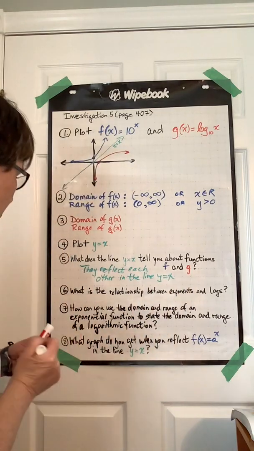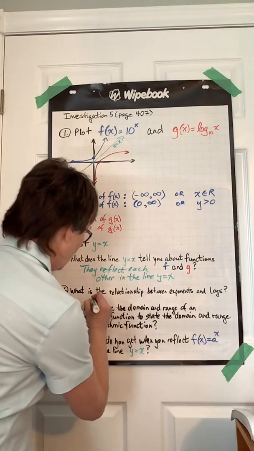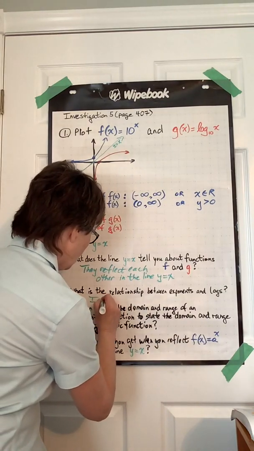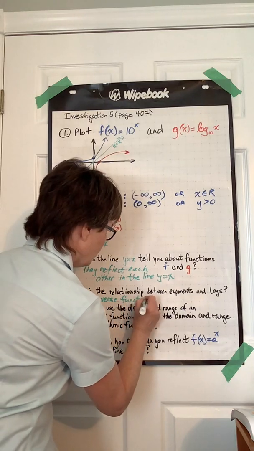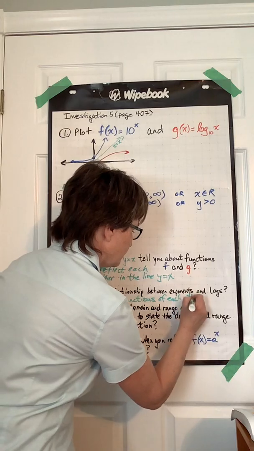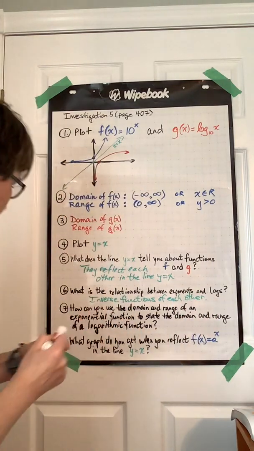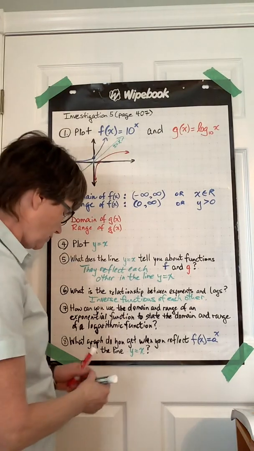Okay, so number 6, what is the relationship then between exponents and logs? They are inverse functions of each other. All right, number 7, how can you use the domain and range of an exponential function?